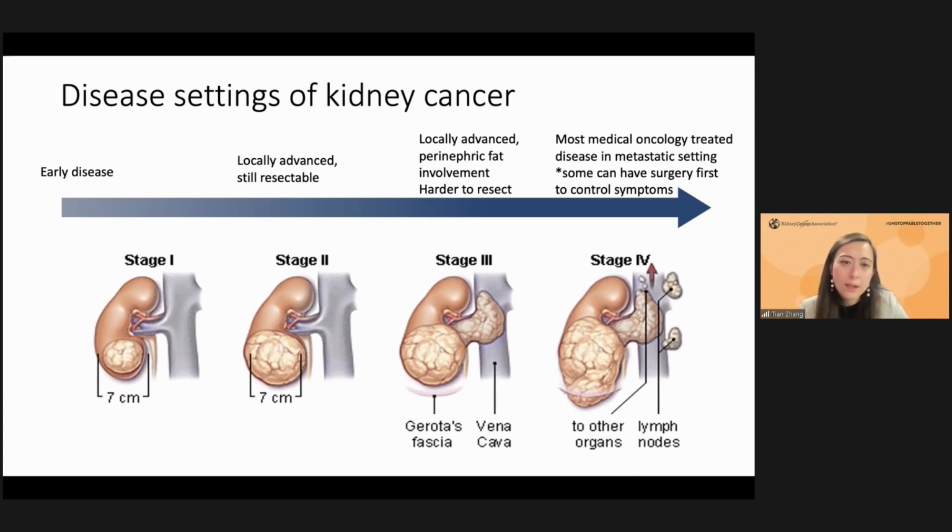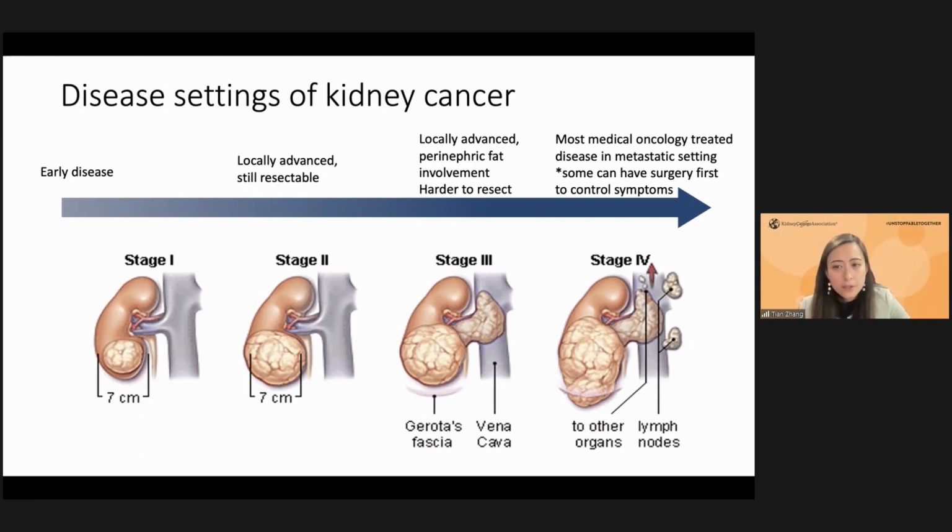Sometimes these are locally advanced, but still resectable and operable, meaning the surgeon can go in and remove the tumor with the kidney. In many cases, they're locally advanced, involving the perinephric fat, or they've grown into the renal vein and up into the inferior vena cava, as demonstrated here in the stage 3 picture.